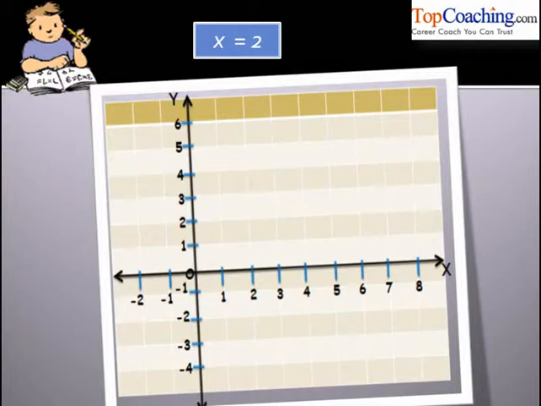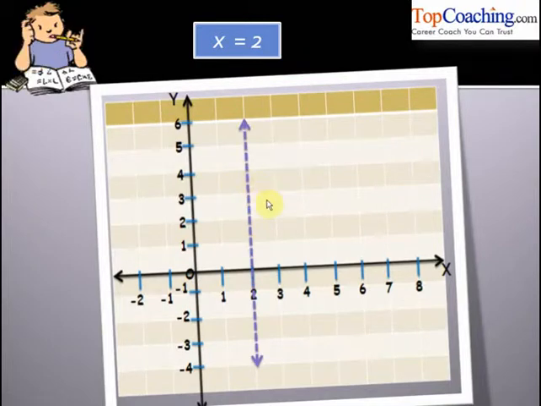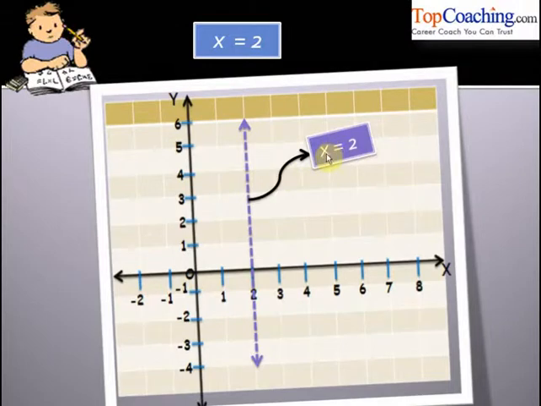Also, the x coordinate of each and every point lying on this line would be equal to 2. Therefore, this line is x equal to 2. Thus, the equation x equal to 2 is represented by this line. This line is parallel to the y-axis and is at a distance of 2 units from the y-axis. So very easily we have solved this problem.